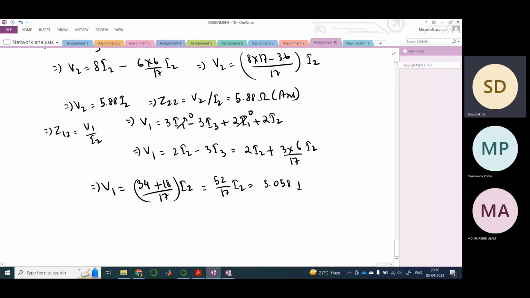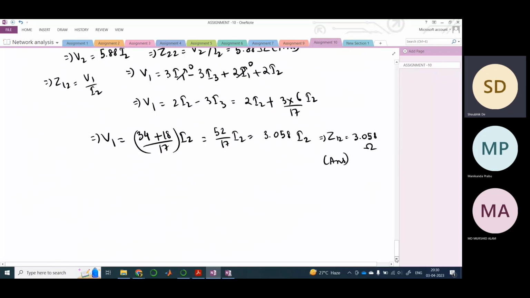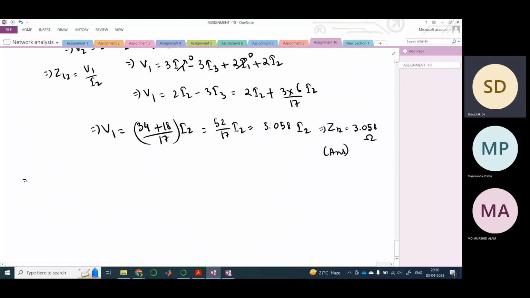I hope this is clear. So Z12 is 3.058 ohms. Once you do that, now we will quickly write what is our Z impedance matrix.